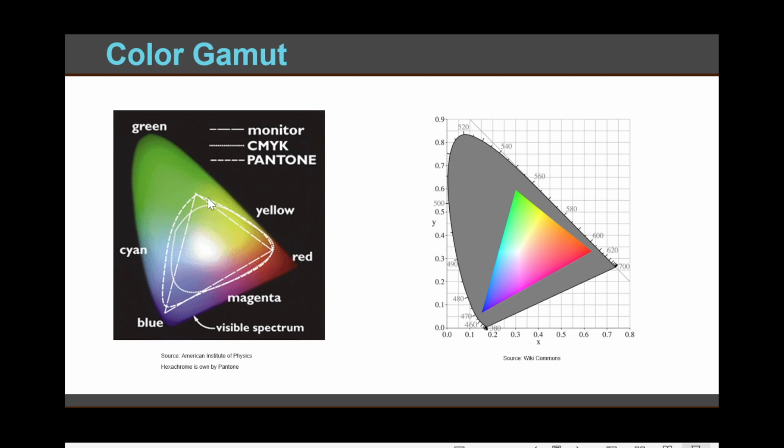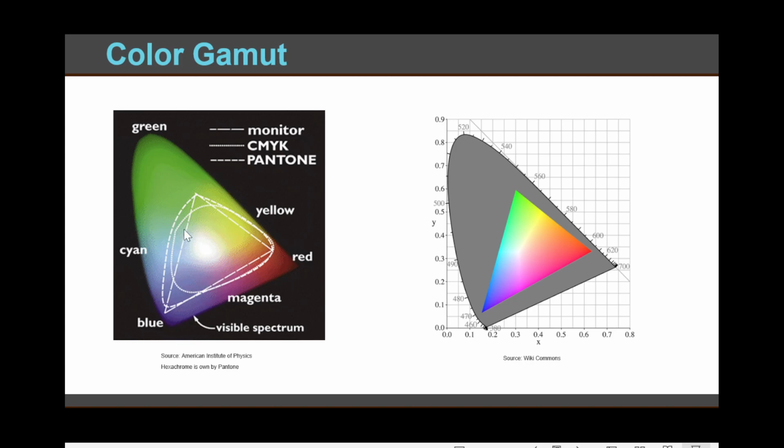So the typical monitors, you can see, have the color spectrum of this large dashed line. The CMYK, the subtractive scheme that printing uses, is the lightly dotted line, the small dashes. The monitors are the triangular one.